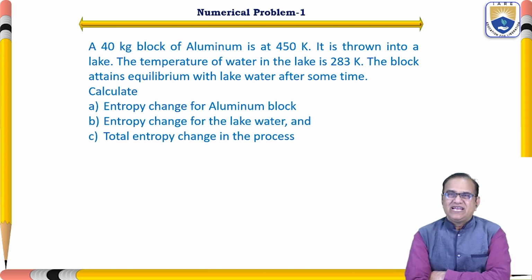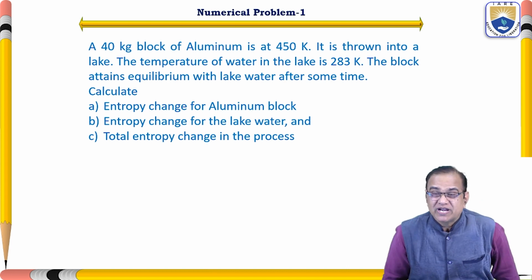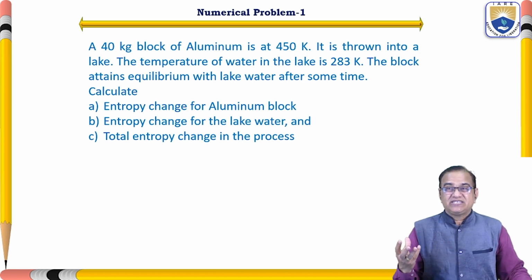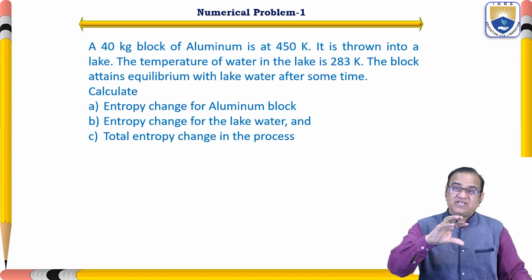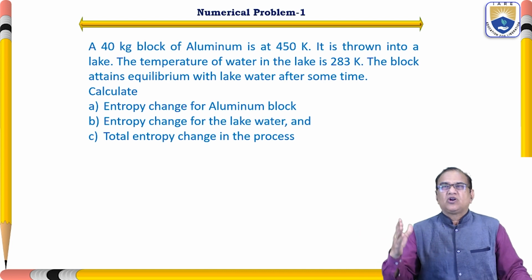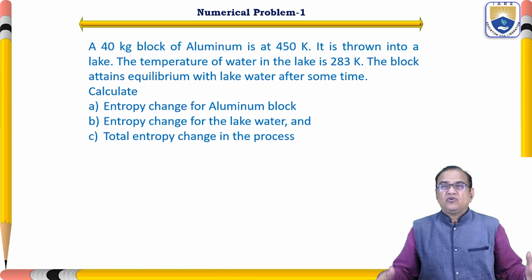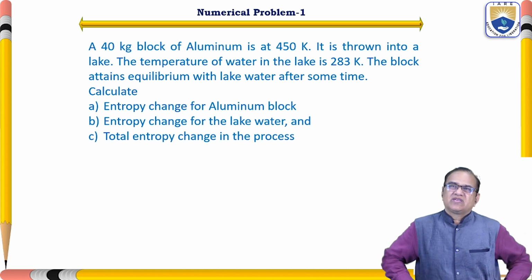The block attains equilibrium with lake water after some time. So the temperature of the block is 450 Kelvin and the lake is 283, so the 450 Kelvin has reduced to 283 Kelvin. That is called the equilibrium.